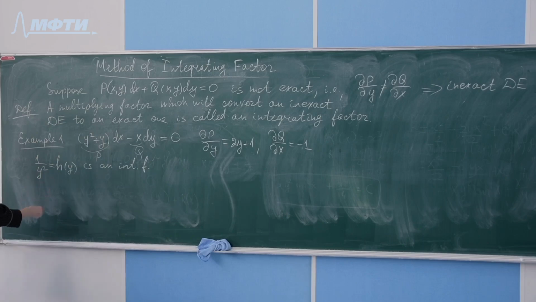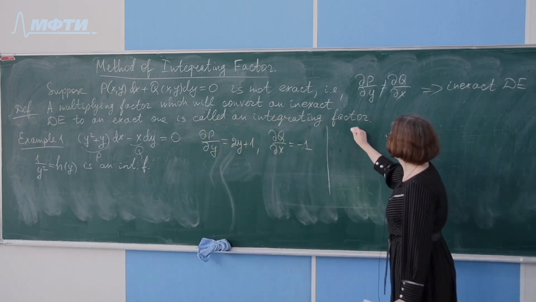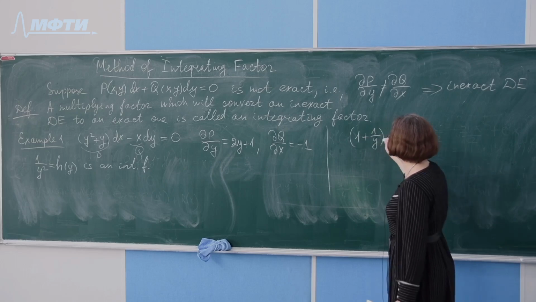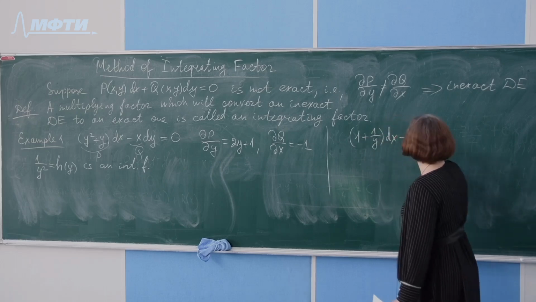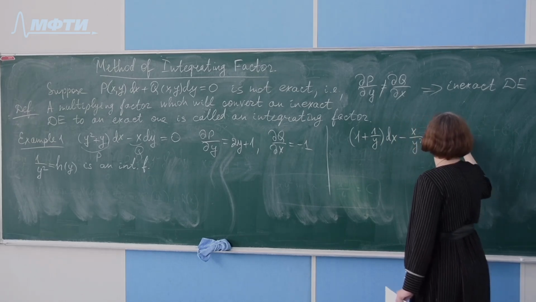So let's prove this. If we multiply both parts by this factor, we will get the new differential equation. It will be 1 plus 1 over y dx minus x over y squared dy equals 0.